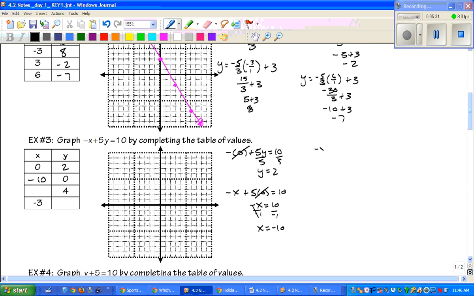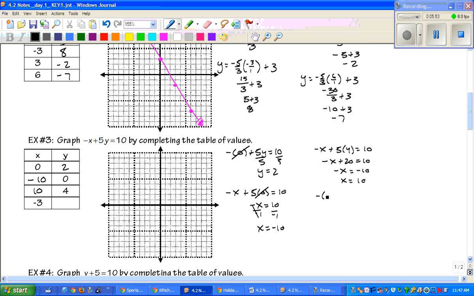Okay, we got another one. Negative x plus 5 times 4 equals 10. Multiply, subtract it to both sides, and divide by negative 1. We get x equals 10.